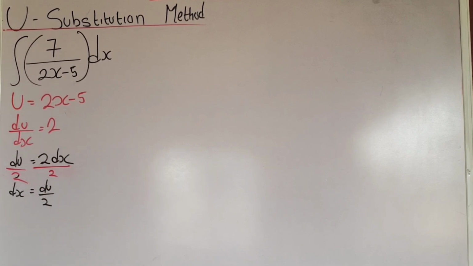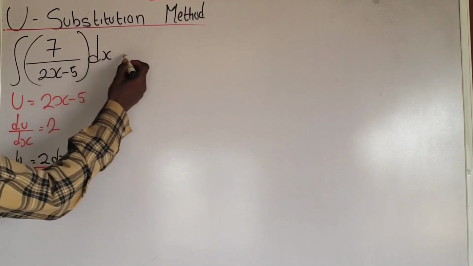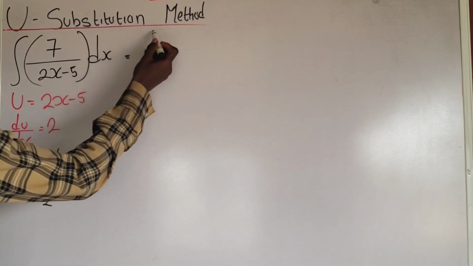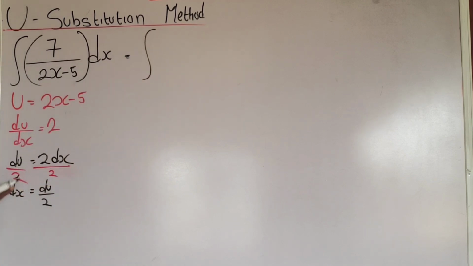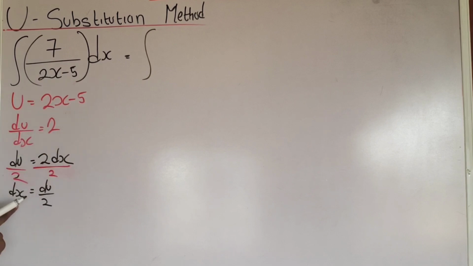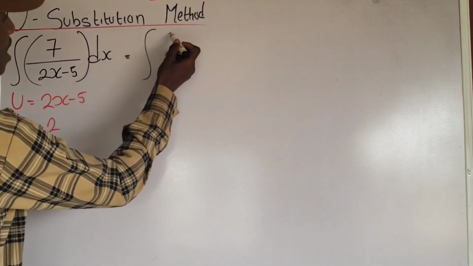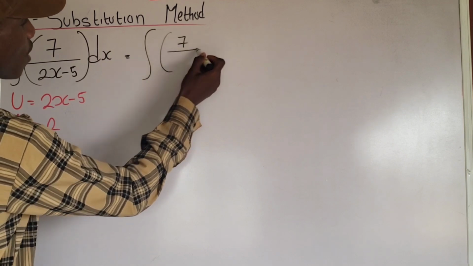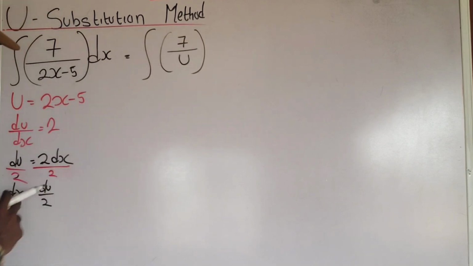So let's go back to the function. This function can now be written as the integral of, I'm going to replace 2x minus 5 as u and dx as du over 2. So for this, I'm going to have 7 all over u. Now, instead of dx, I'm going to have du all over 2. You understand?